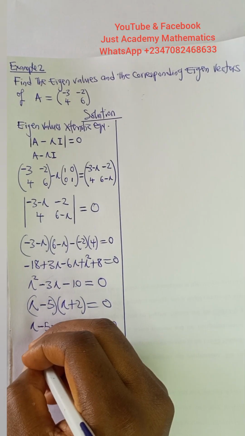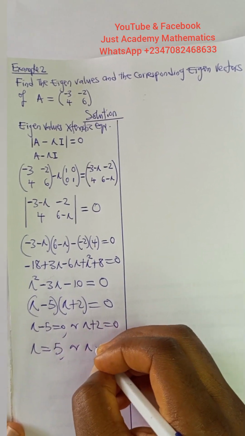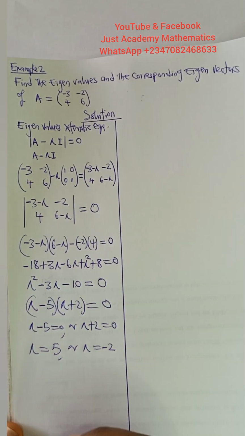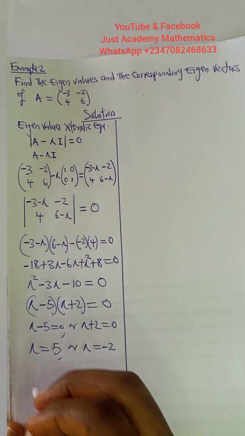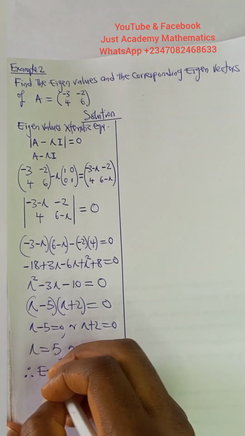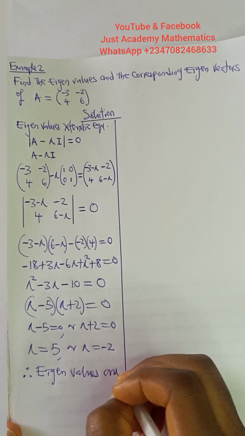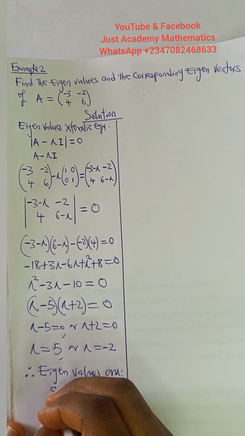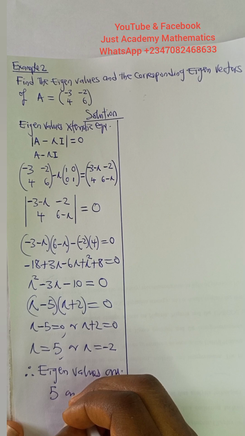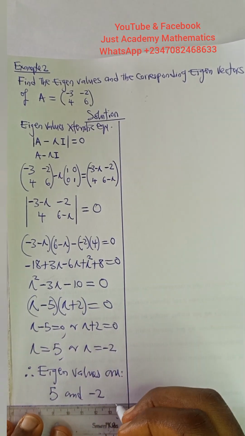And we can now conclude that lambda is equals to 5, or lambda is equals to minus 2. Does that make sense? So we therefore conclude that the eigenvalues are, what are the two eigenvalues? 5 and negative 2. This is the eigenvalue.